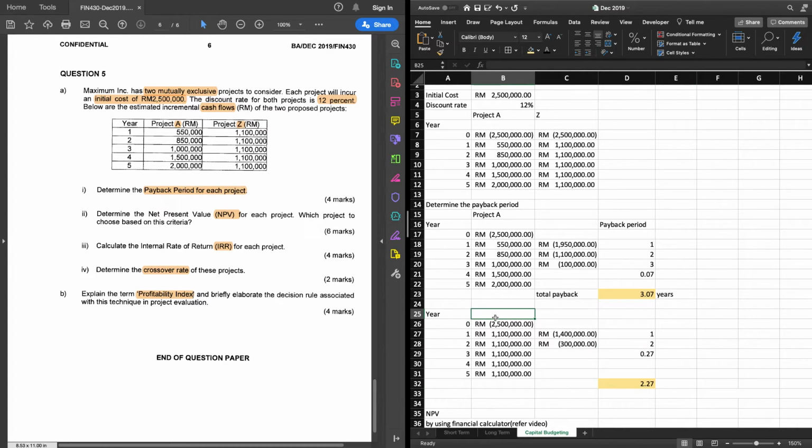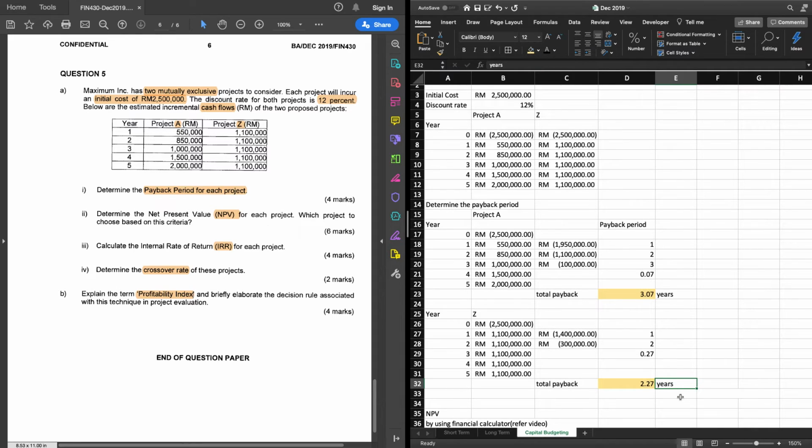This project Z can cover 2 years, because the project cost is 2.5 million, but the first year and second year are already covered, and the third year can cover the remaining 300,000. So we do the same: 300 over 1,100, and you will get 0.27 years. Total payback period is 2.27 years.